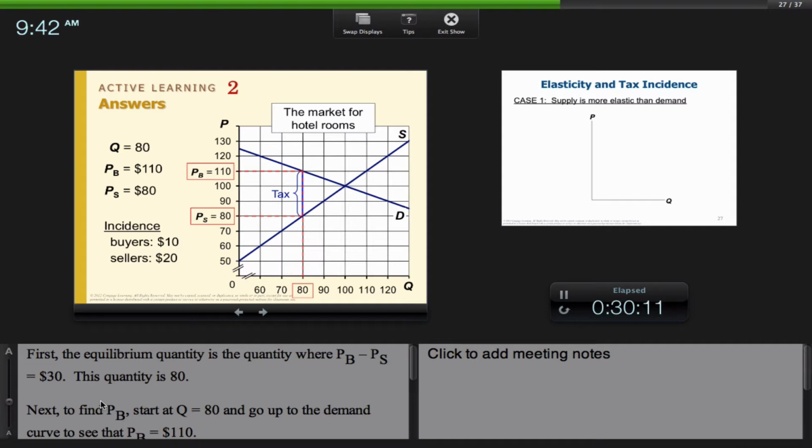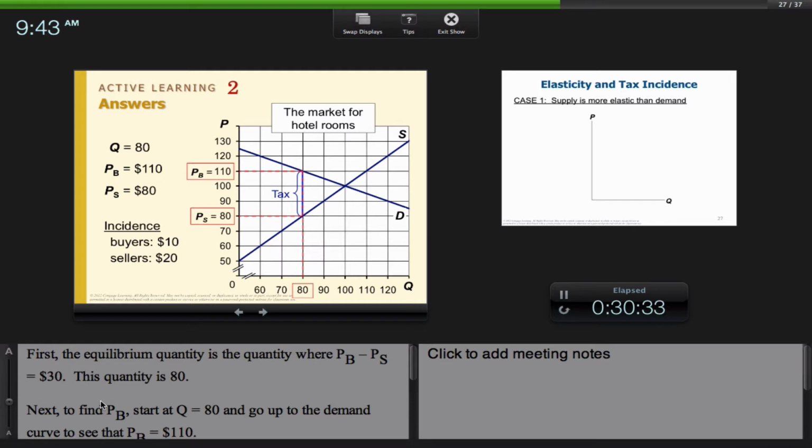But who's hurt more? The sellers. Because they used to rent 100 hotel rooms, now they're renting 80, and at the price they receive, right? 8 times 8 is what?